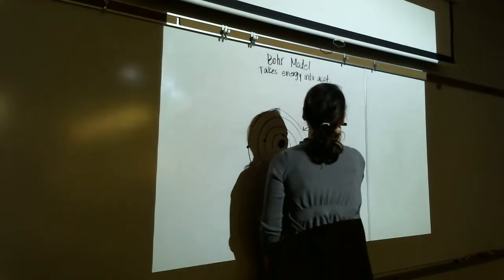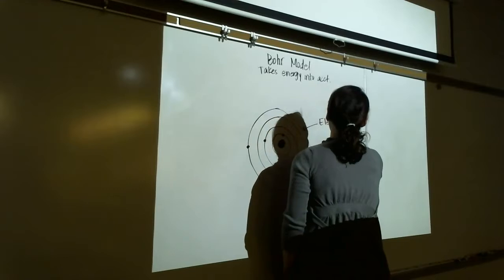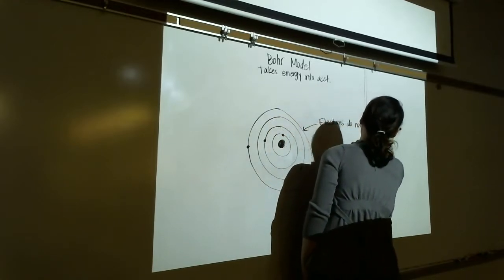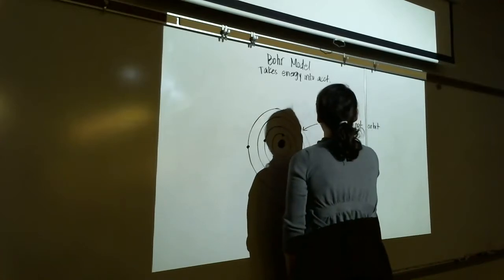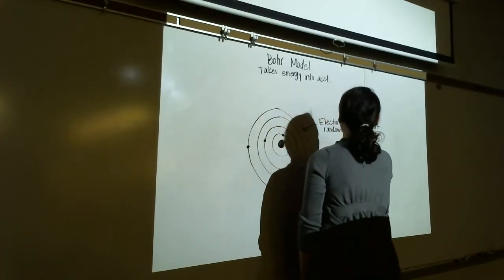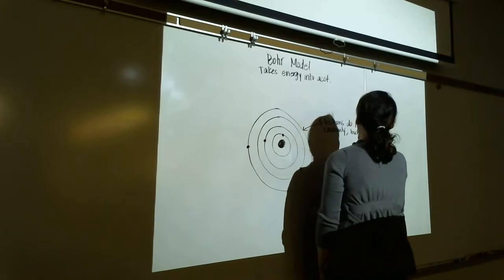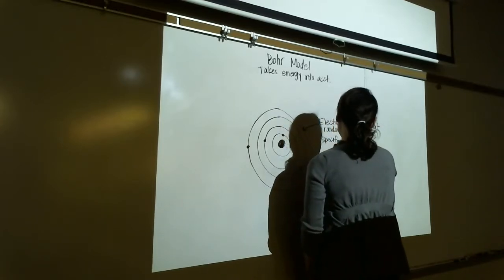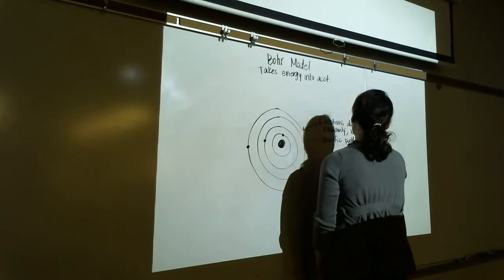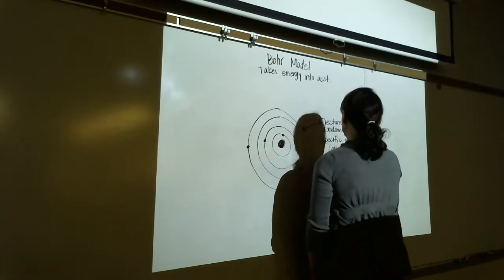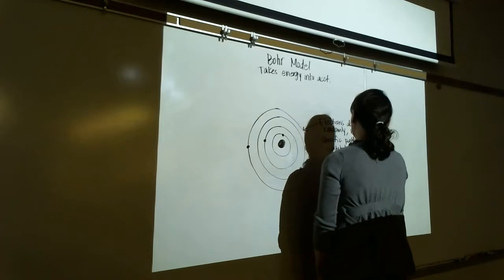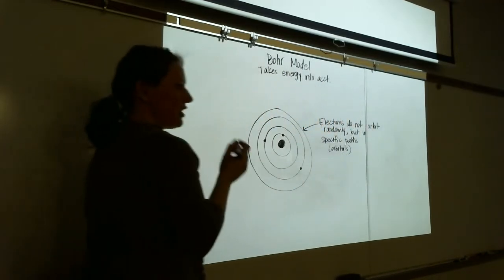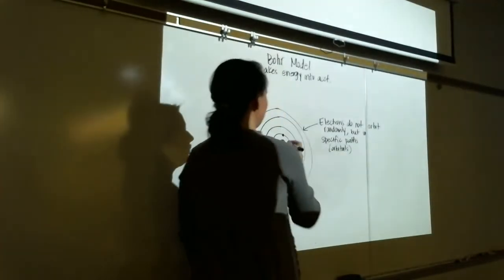So electrons do not orbit randomly, like Thomson said, but they orbit in specific paths, which he called orbitals. Okay? And there's an energy associated with each orbital.